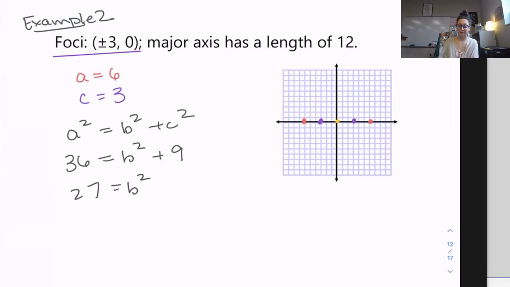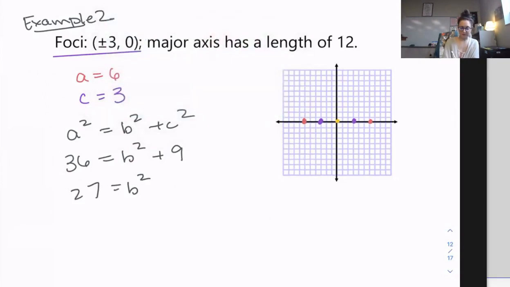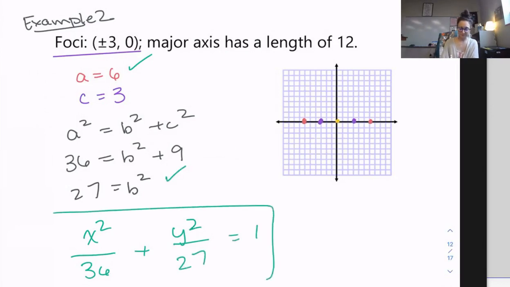And remember, b squared is all I need for my formula. So my final answer, I've got just x squared, because again the center is the origin, over a squared, so remember a is up here, so over 36, plus y squared over b squared, and that was 27, equals 1. And that is the equation of the ellipse.